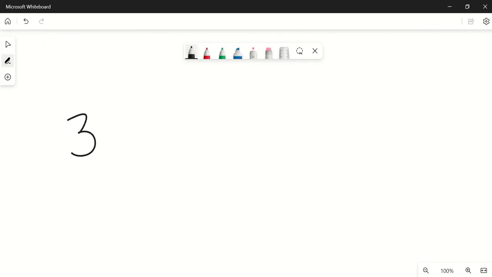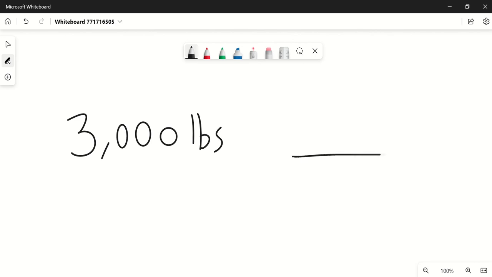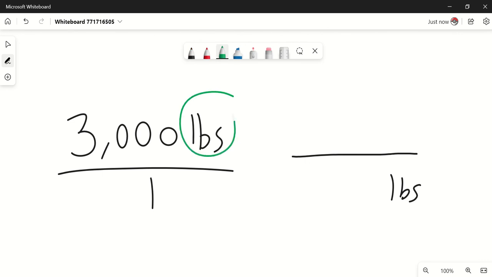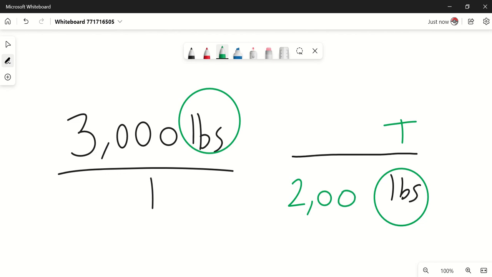So 3,000 pounds. Now, we need to put pounds at the bottom again because they need to be directly opposite from each other. Our tons is going to be here. So 2,000 pounds equals 1 ton. I know that from before.